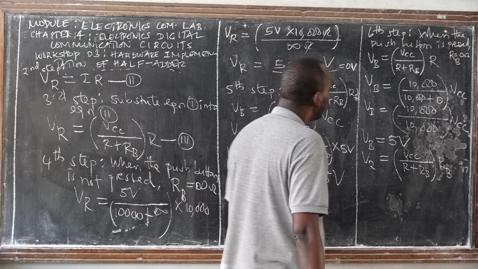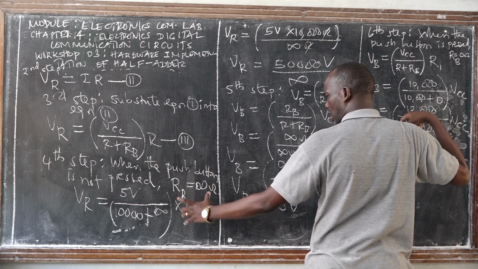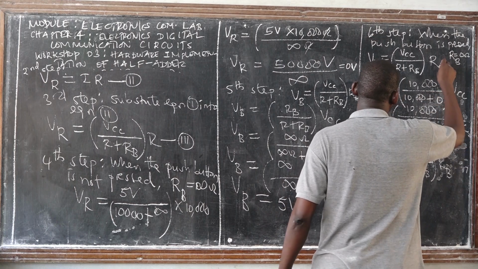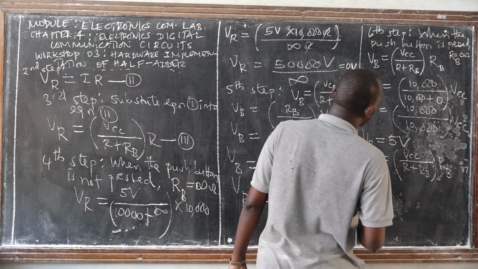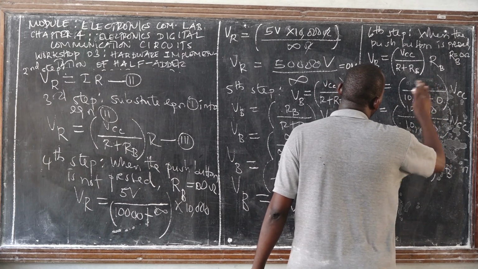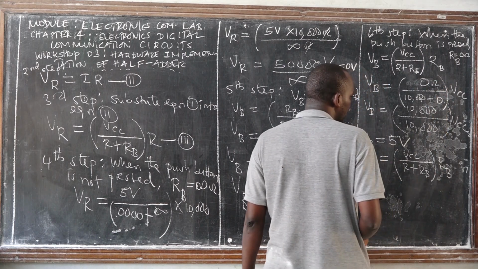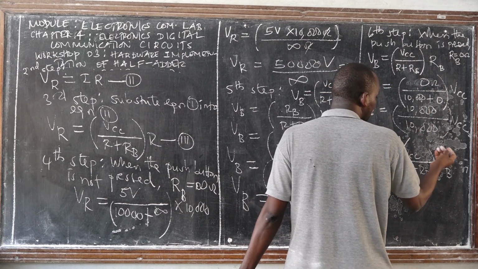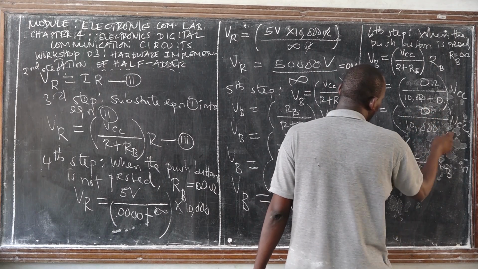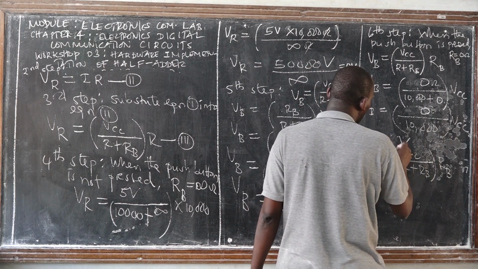I made a mistake. This is because you are calculating the voltage across the push button. Yes, RB. Thank you very much. So this is RB, so here we are going to have 0 ohm, and this one is 0 over 10,000, which is 0.